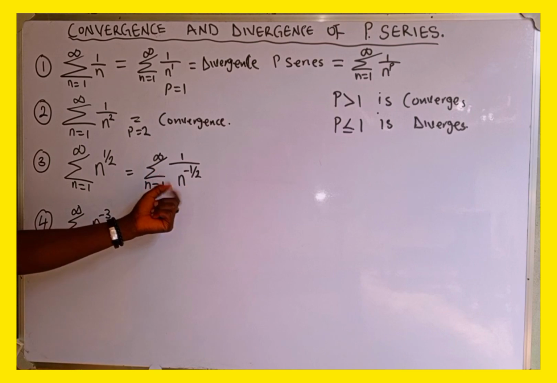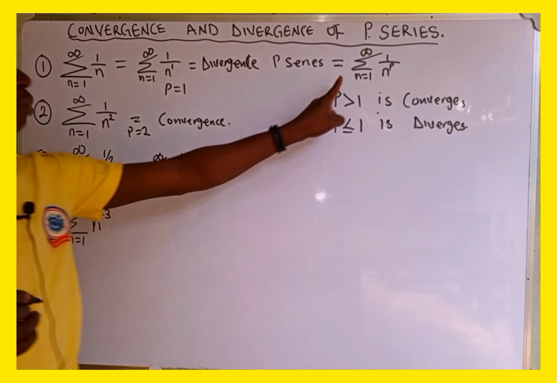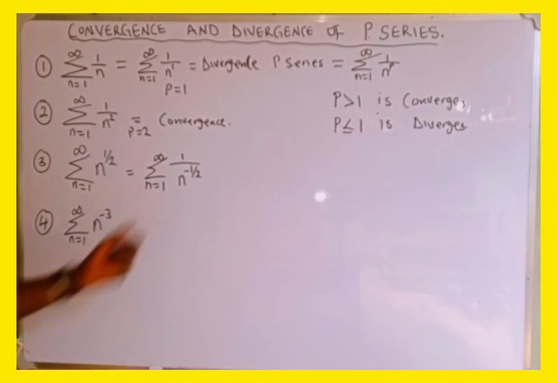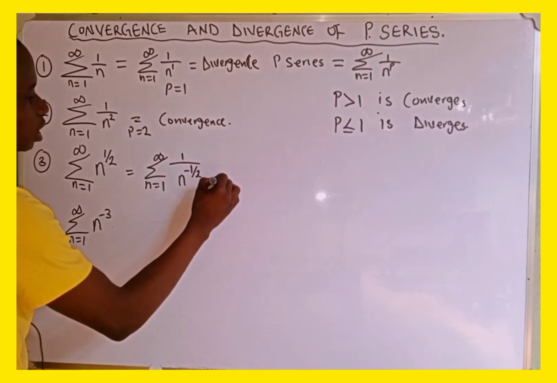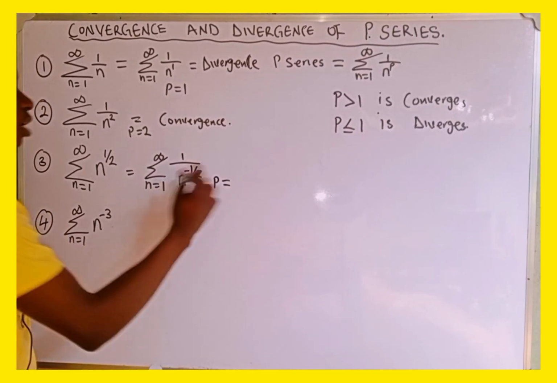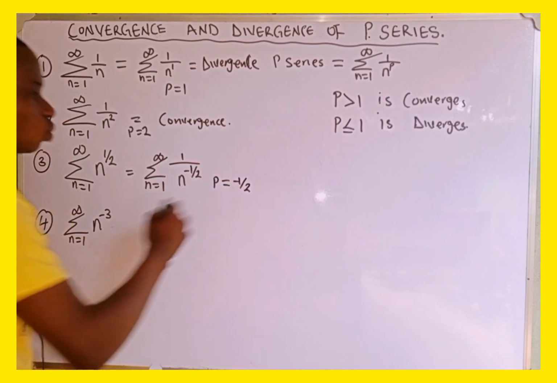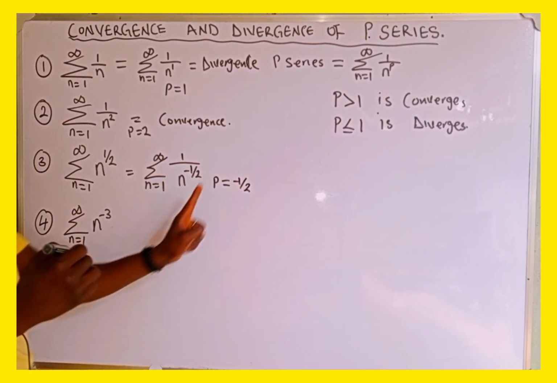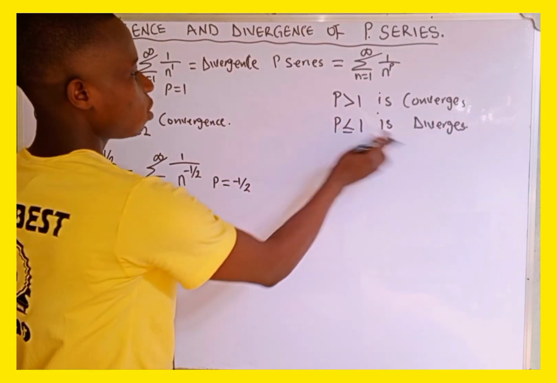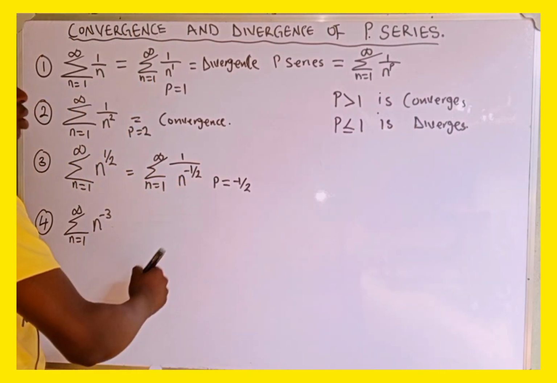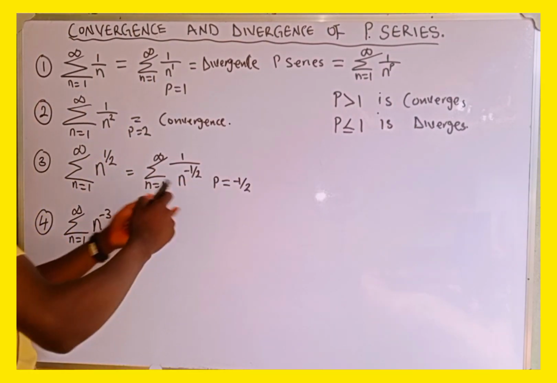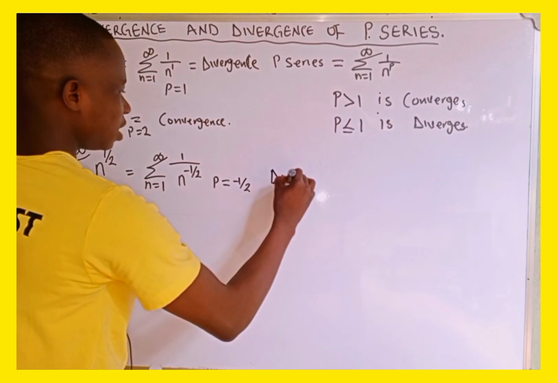So we have transformed this series into the form of a P series. In this case, we notice that p will be equal to the power of n, which is minus 1 over 2, and minus 1 over 2 is less than 1. So it falls under condition number 2. Therefore, we say this series is a divergent series.